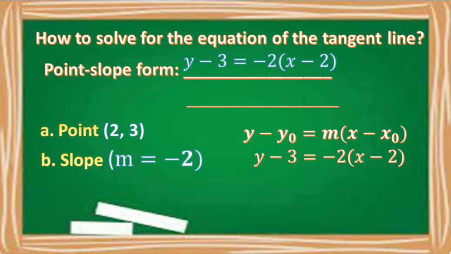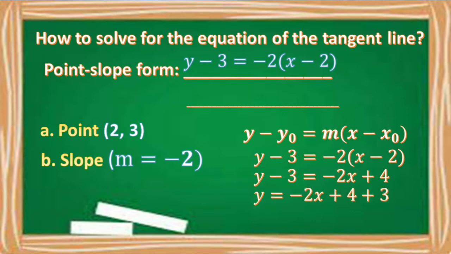Or, if we may simplify the equation, we can have y minus 3 is equal to negative 2x plus 4, wherein we multiply negative 2 by the binomial x minus 2. Then, we can move negative 3 to the right side of the equation, wherein from negative 3 it will become positive 3.